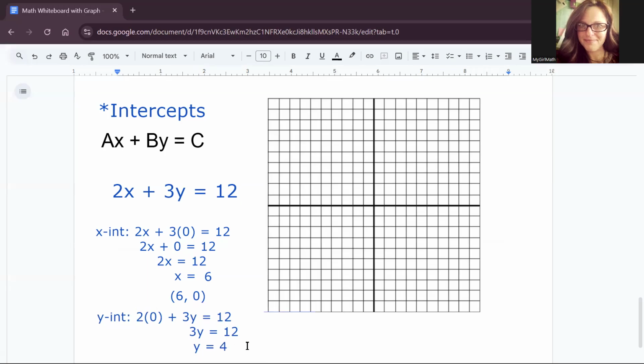And our y-intercept is 0, 4. 2 points make a line, so we can graph the x-intercept on the x-axis, 6 to the right, and the y-intercept on the y-axis, up 4. And 2 points make a line.